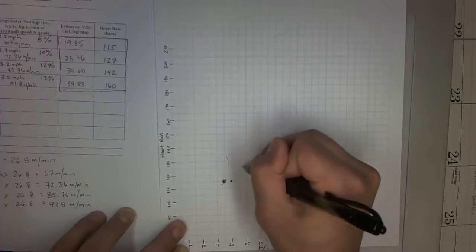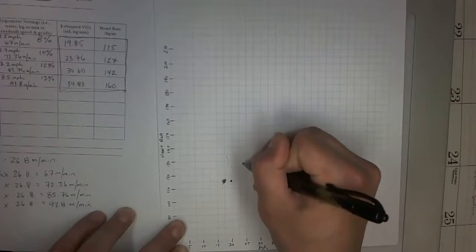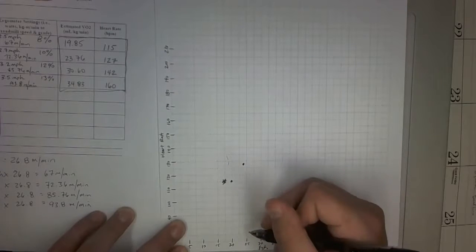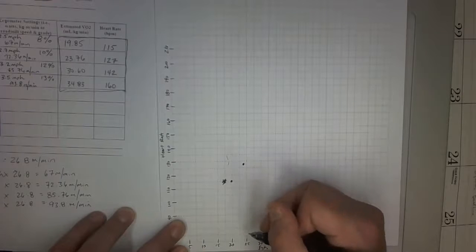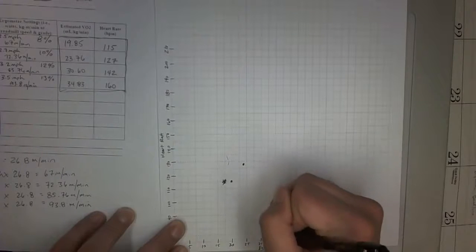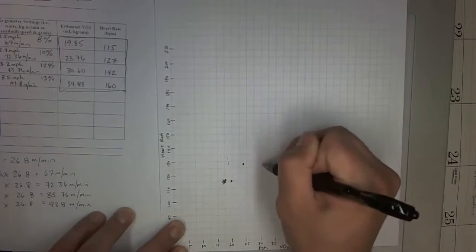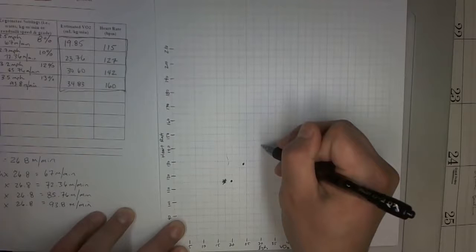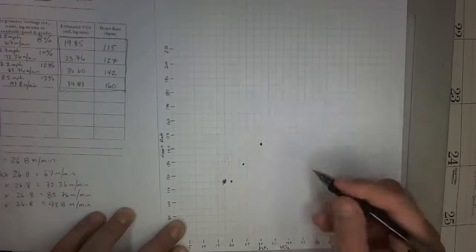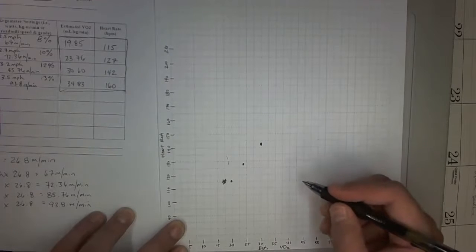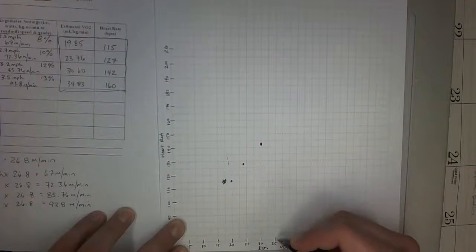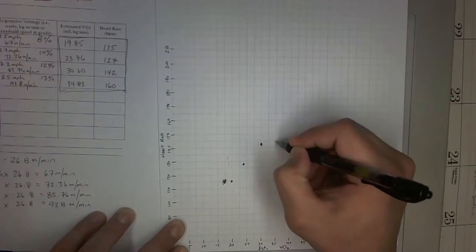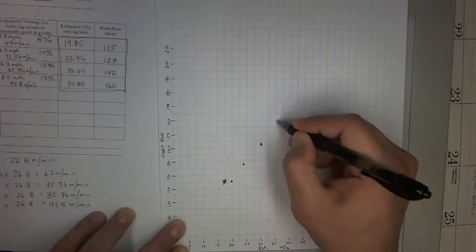And a heart rate of 127. Stage 3. Oxygen consumption of 30.6 and a heart rate of 142. And our last point, 34.83 and a heart rate of 160.